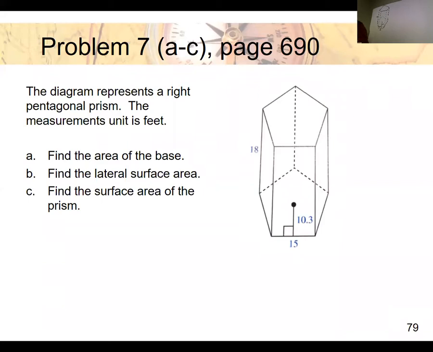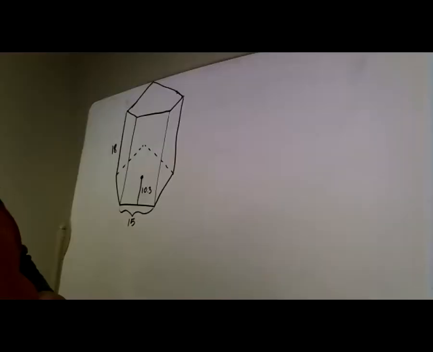And the measurement of the unit is in feet, so we're going to find the area of the base, the lateral surface area, and the surface area of the prism. Okay. Not the best drawn figure, but it will have to do here.